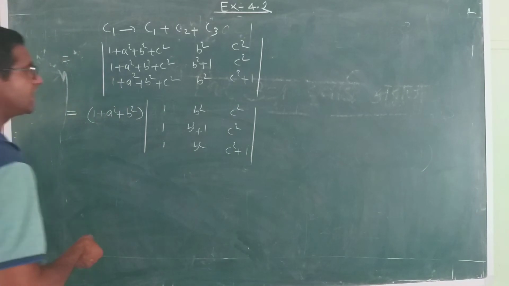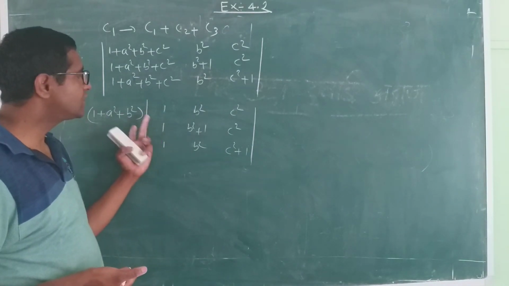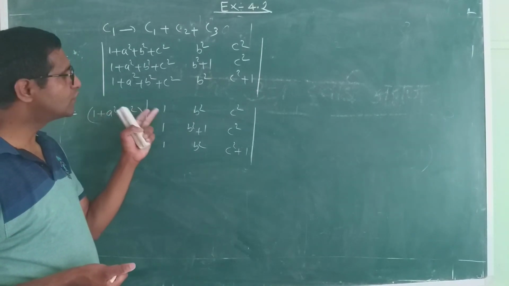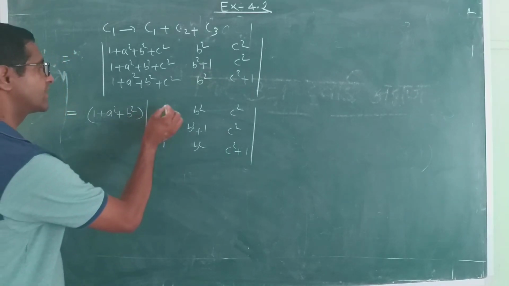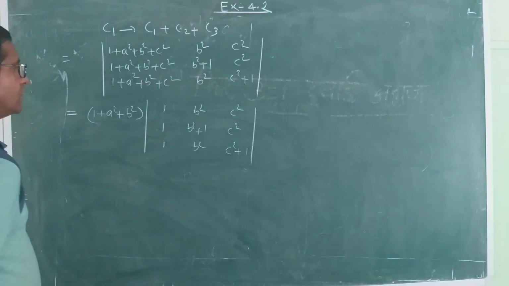My dear student, I have already told you, if the elements of any column become unit, you will apply the row operation to convert any two elements into zero.